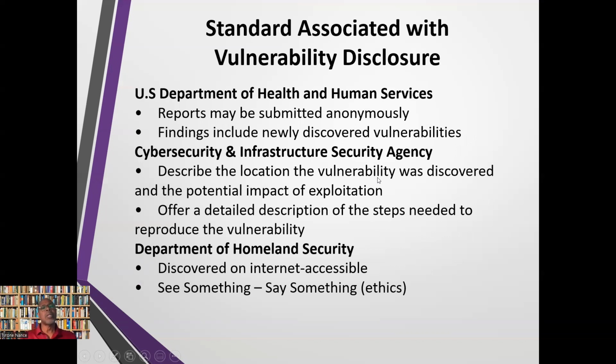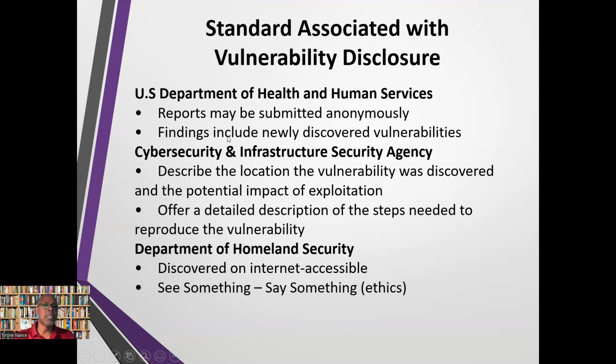And so let's talk about standards associated with vulnerability disclosure. Well, I researched 3 organizations. Let's start with the U.S. Department of Health and Human Services. Essentially, they encourage the reporting of vulnerabilities anonymously, which is good for people so they don't have to be tethered to it. And that should encourage people to come forward.